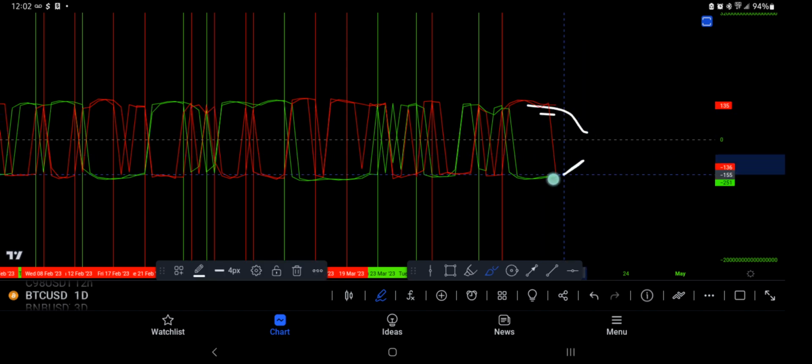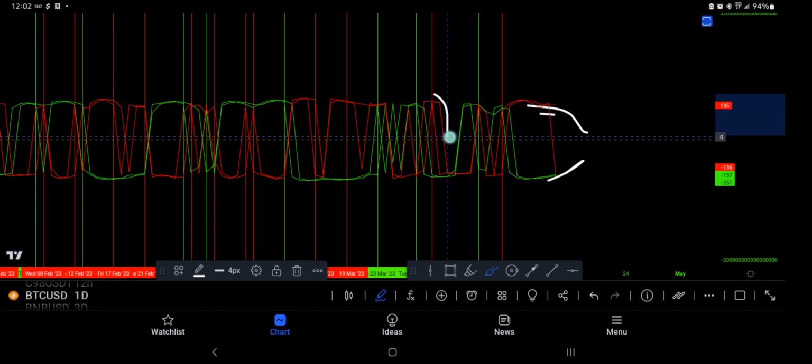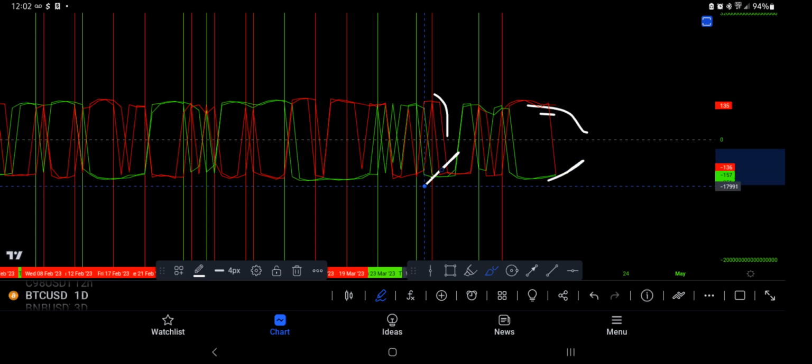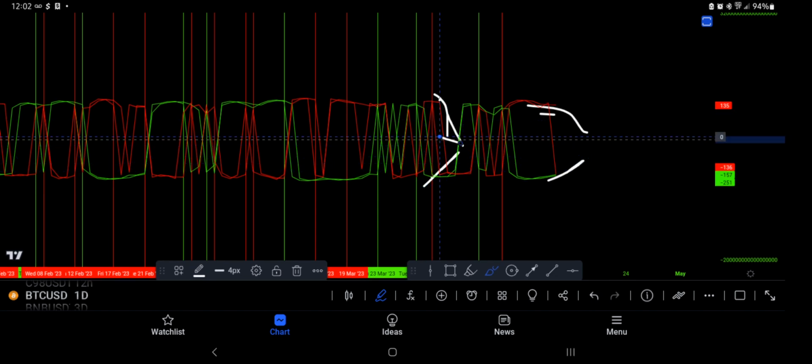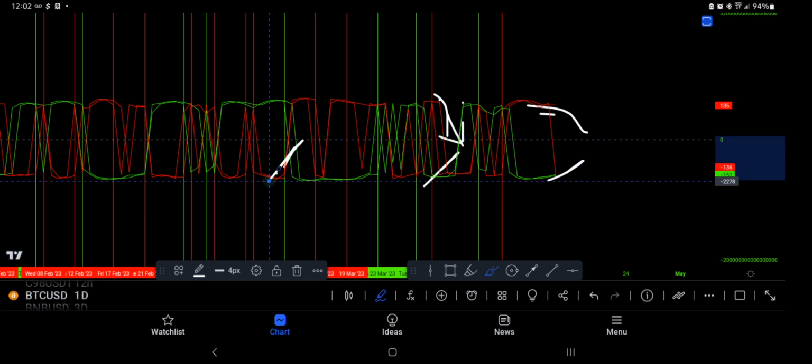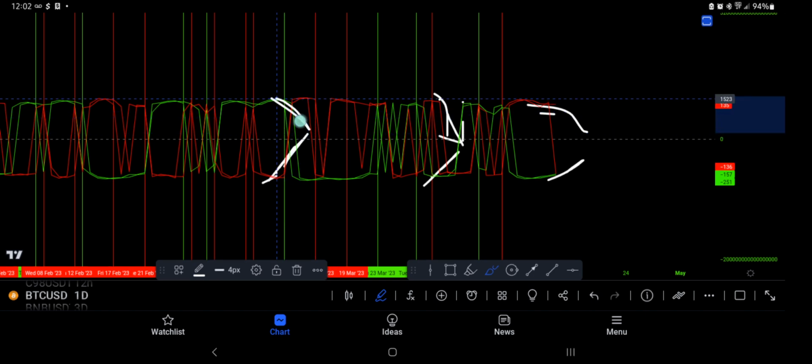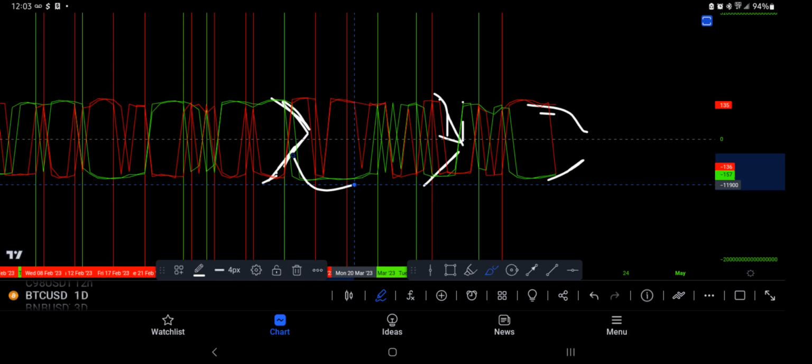What you'll notice with this indicator is that whenever these lines start to curve down as such, that would be a shift in momentum. So when this line was curving down and this line was curving up, that would have been a bearish crossover. Vice versa, when this line was pushed this way down, that would have been a bullish crossover.